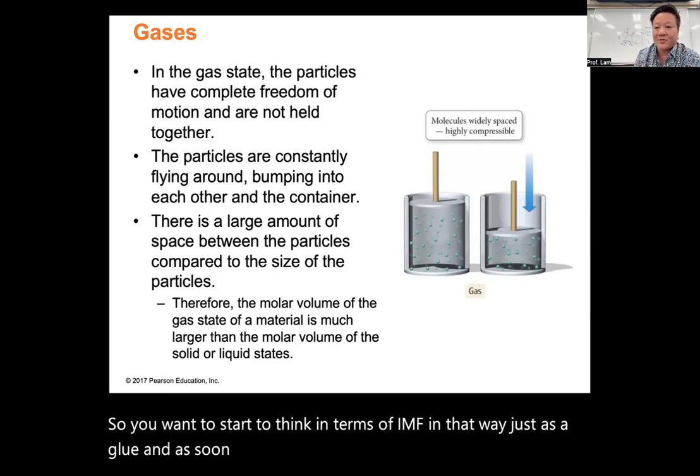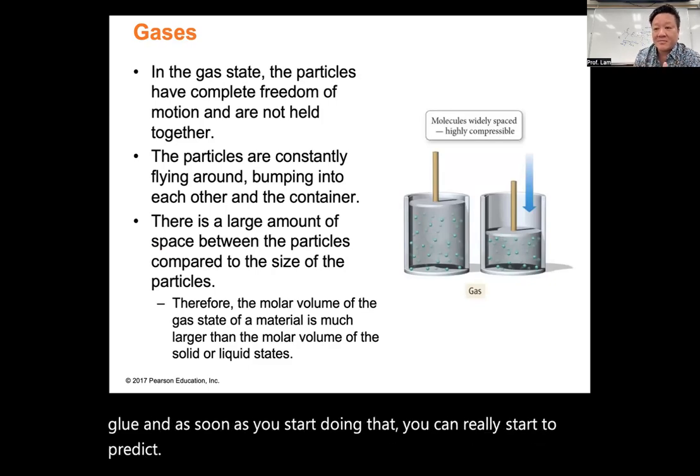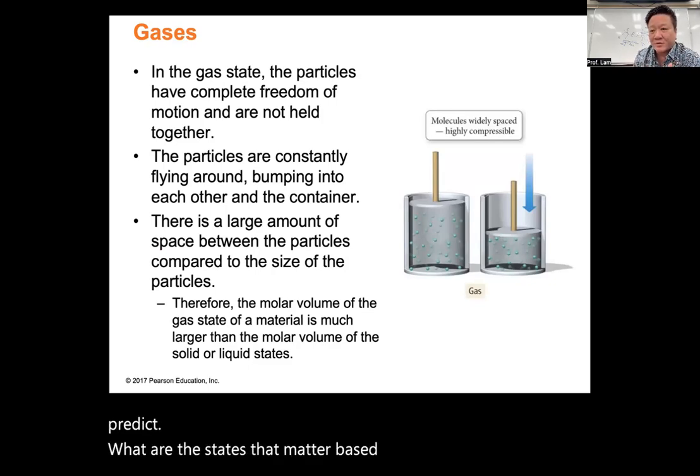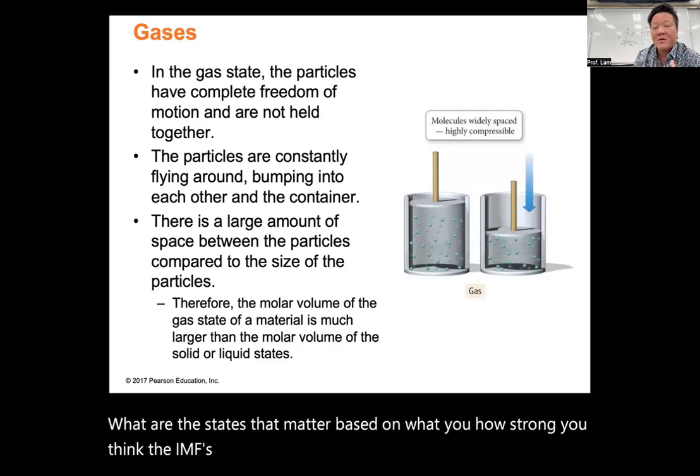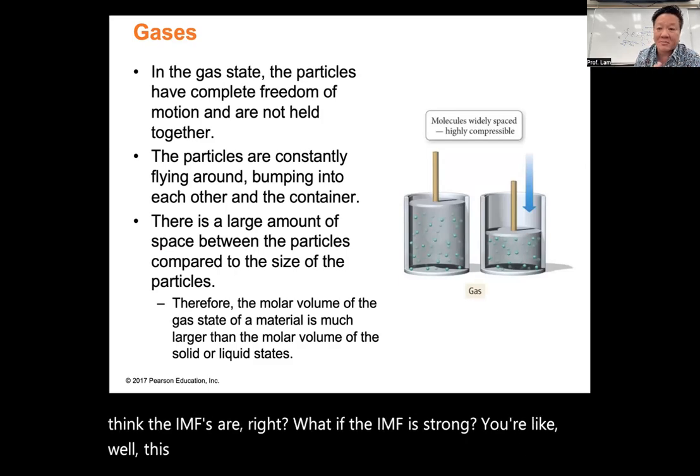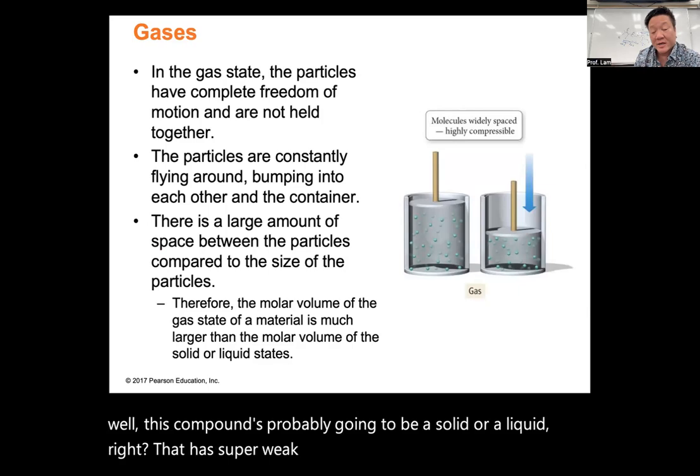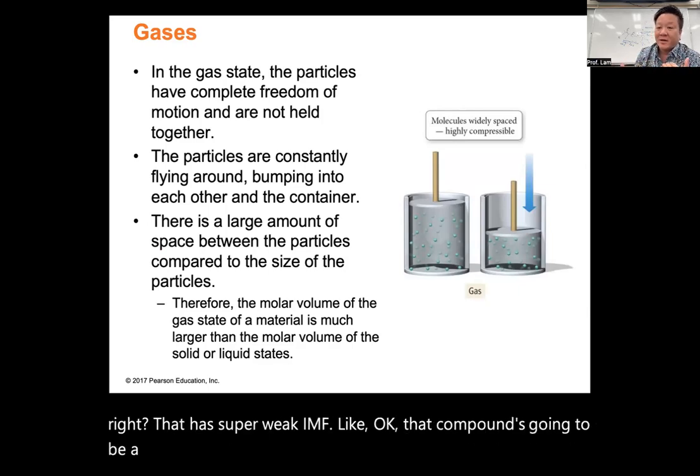And as soon as you start doing that, you can really start to predict the states of matter based on how strong you think the IMFs are. If the IMF is strong, you're like, well, this compound's probably going to be a solid or a liquid. If it has super weak IMF, that compound's going to be a gas. And therefore, you also have an idea of the boiling points and the melting points.